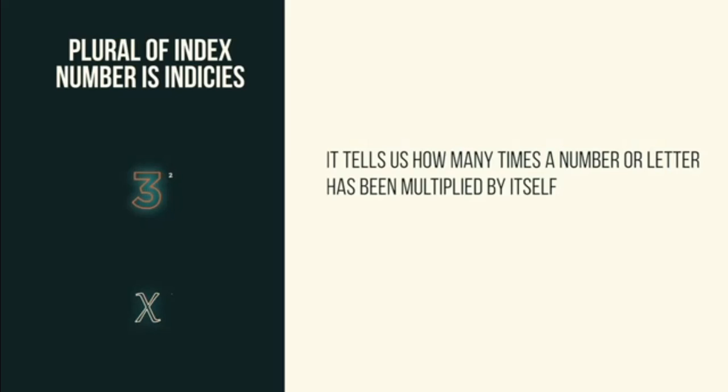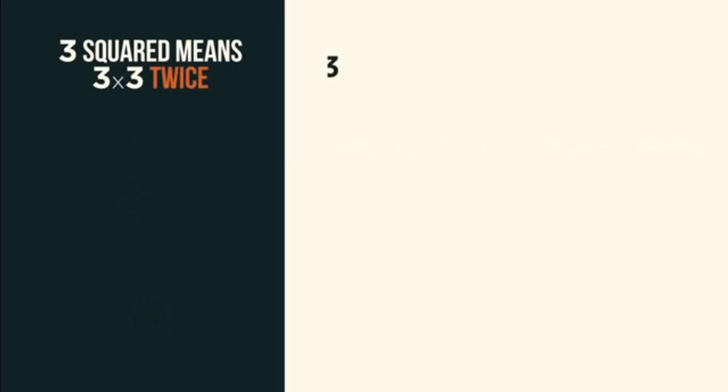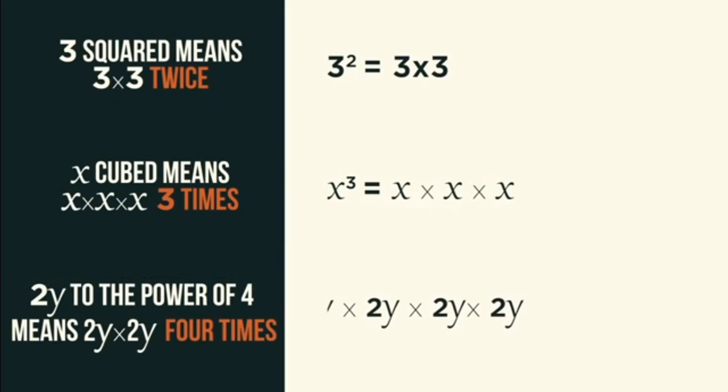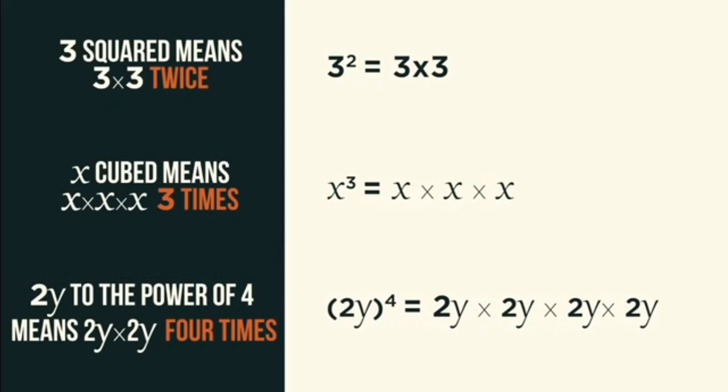So 3 squared means 3 multiplied by 3, twice. X cubed means x multiplied by x multiplied by x, so 3 times. And 2y to the power of 4 means 2y multiplied by 2y 4 times.